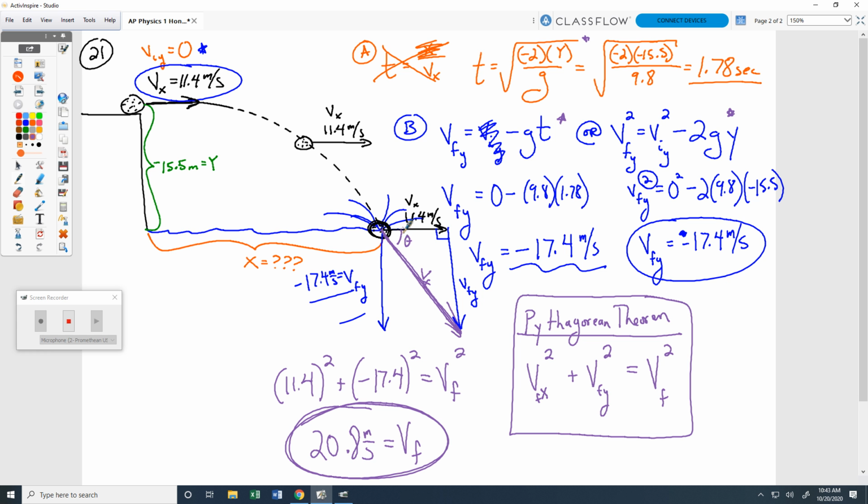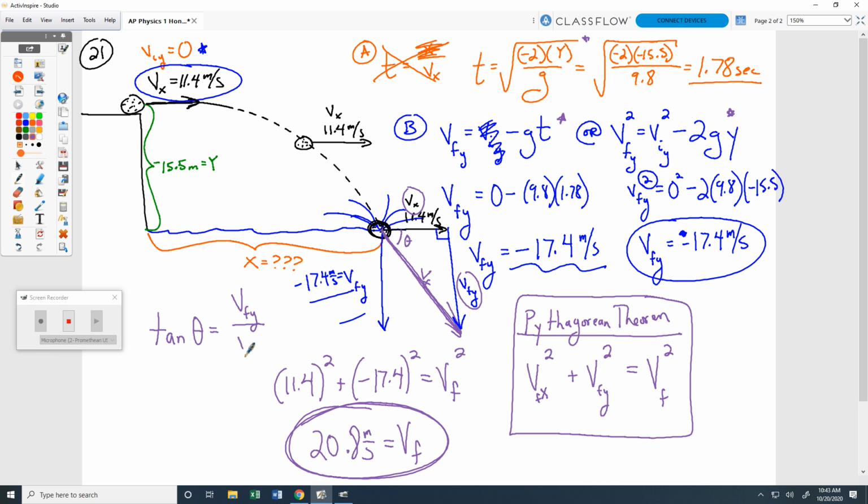What is theta? I'm going to add one other thing to our equation sheet. I often think it's useful to take the tangent and use TOA from SOHCAHTOA: the tangent of this angle of declination would be my VFY over my VX.